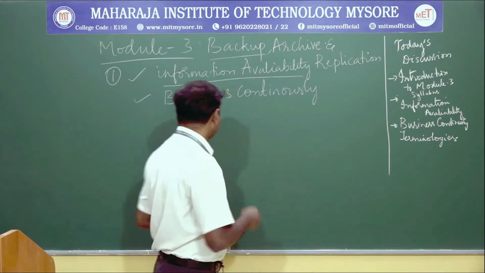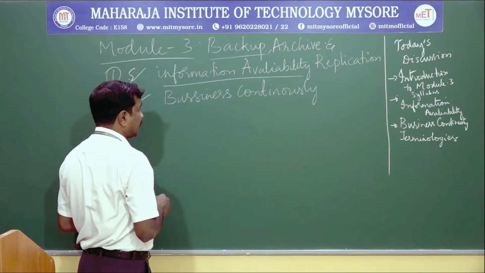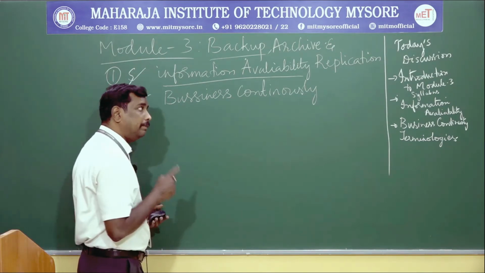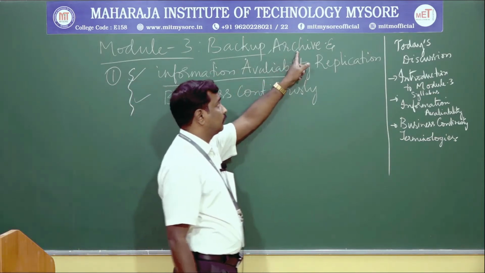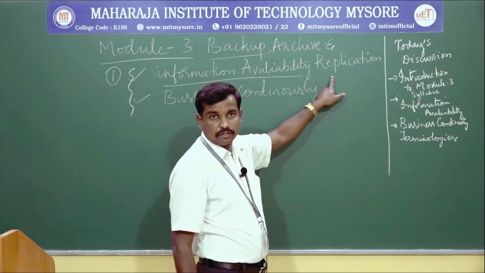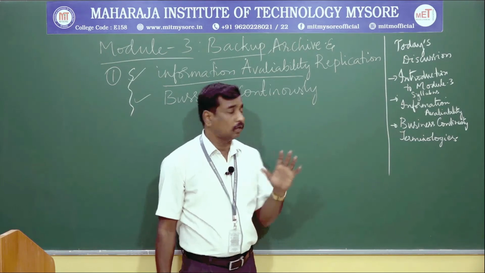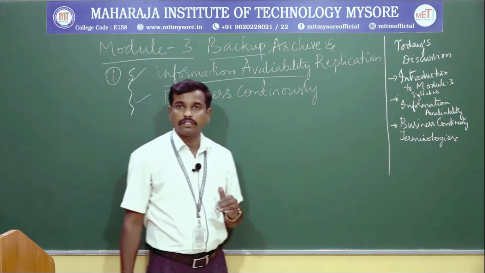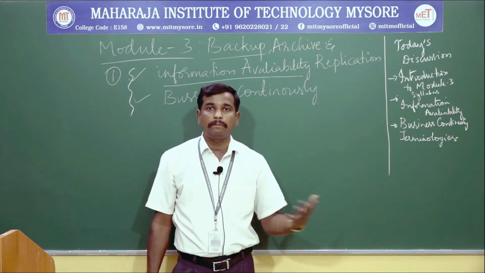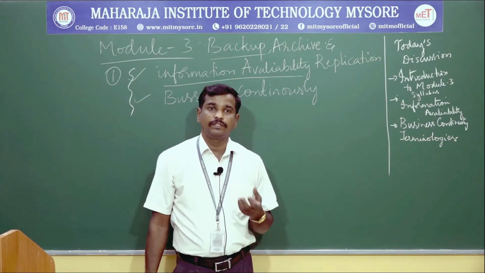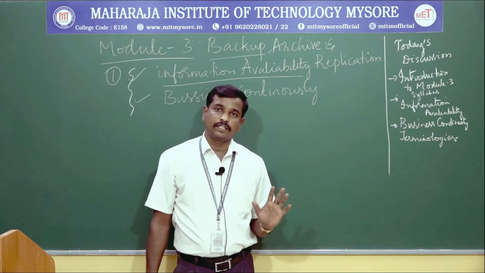All these operations, the information availability operations and business continuity operations, will be done using the concepts of backups, archive, and replications. This module talks about the availability of information to end users. How do we make information available to end users 24/7? That is the main objective.